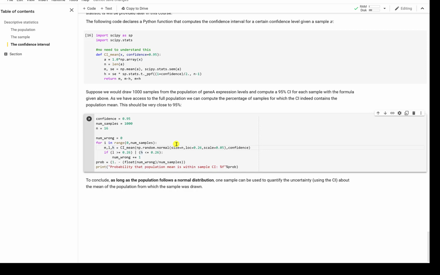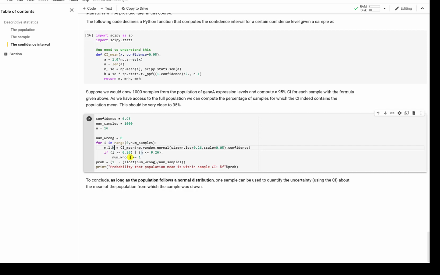In reality we don't know this, but now we know this. So we check whether the confidence interval that we computed from the sample actually contains the true mean. And if it doesn't, then we add this to the number of wrong. So in this case, the confidence interval did not contain the true population mean.